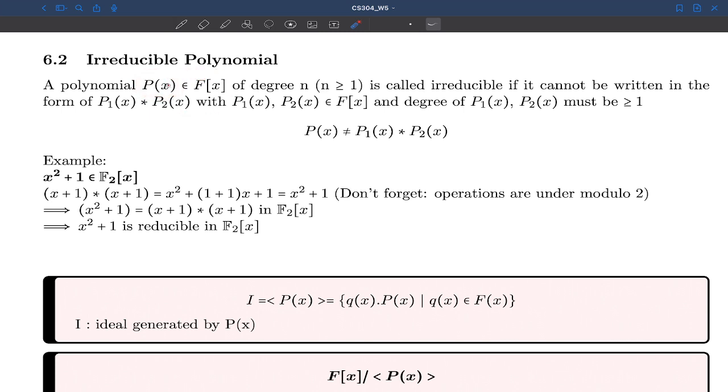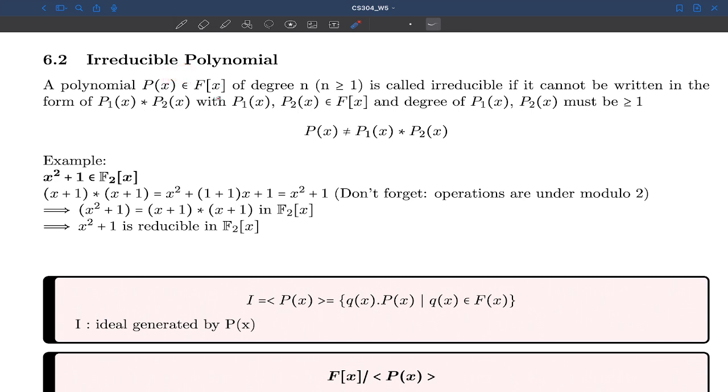So when will I say that p(x) is irreducible? If I can't factorize p(x), if I can't write p(x) as a product of two other polynomials, in that case I will say that my p(x) is irreducible. If I am able to find any two polynomials in my set F[x] whose product is equal to p(x), then that won't be an irreducible polynomial.